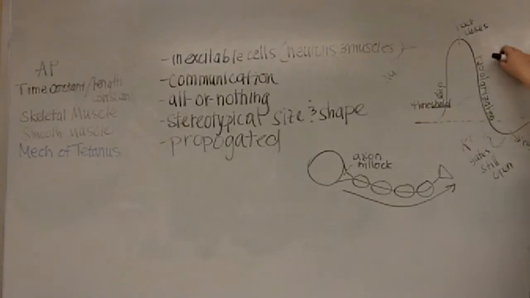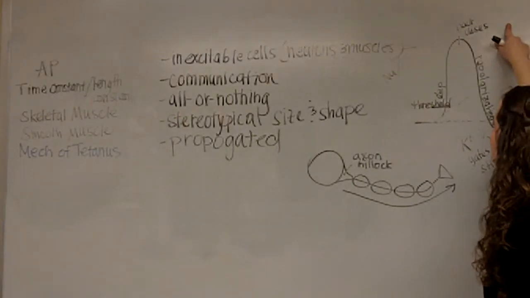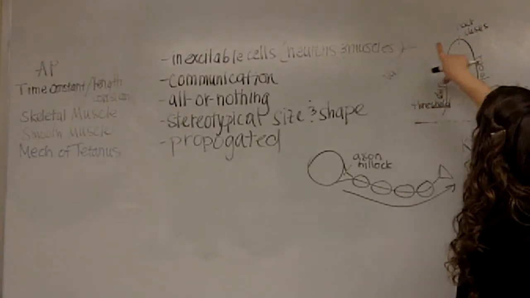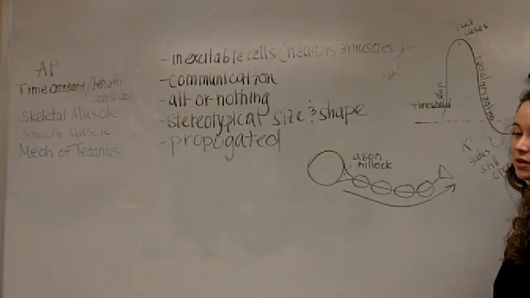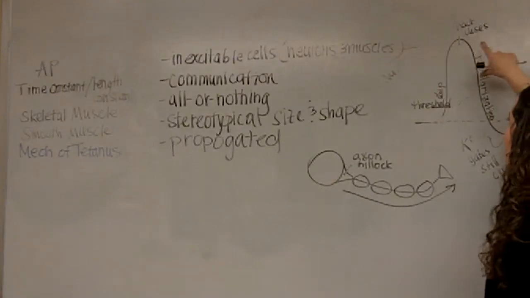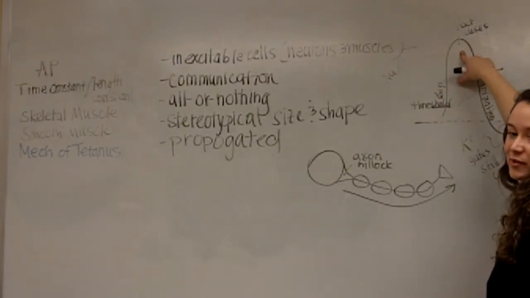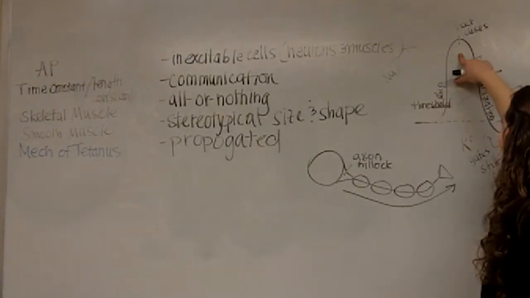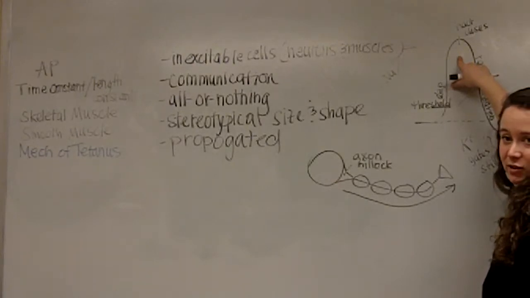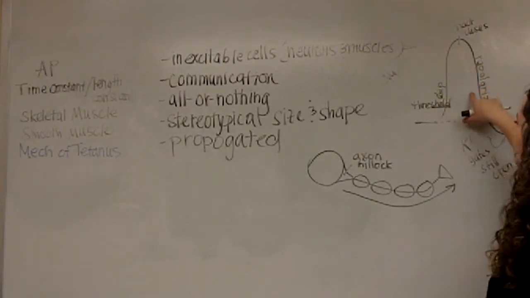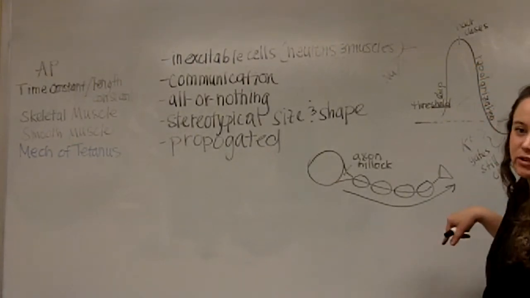A lot of people say that this part is caused by the sodium gates, and from here on is caused by potassium. But in reality, they opened at the same time. It just took this long for the potassium to get fully open. And it just so happens that it coincides with when the sodium completely closes off. And so that's why you have the dramatic decrease.